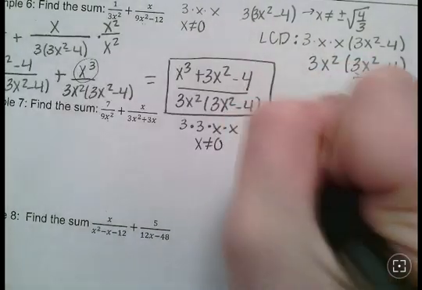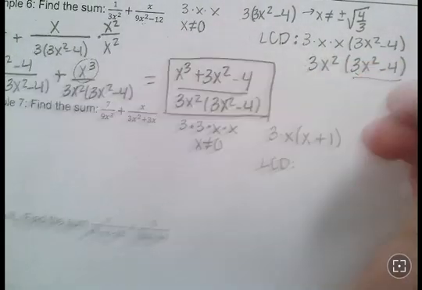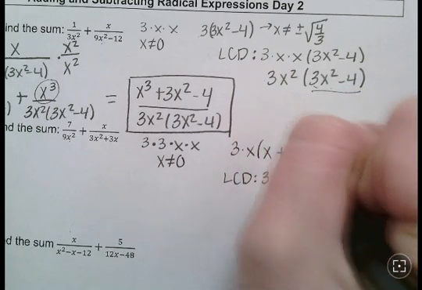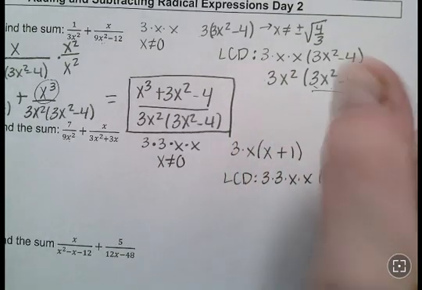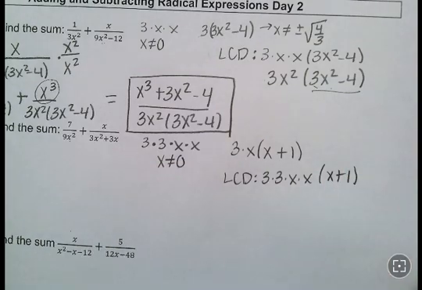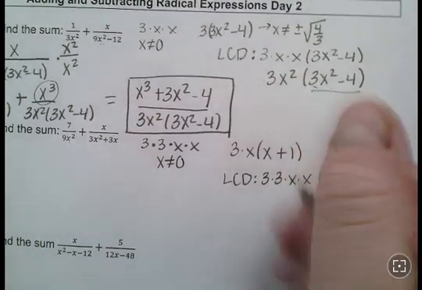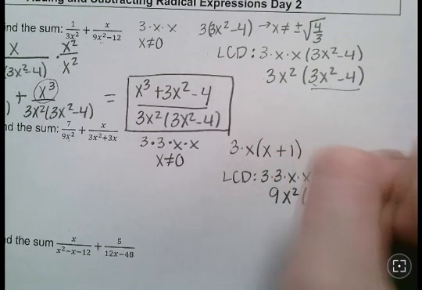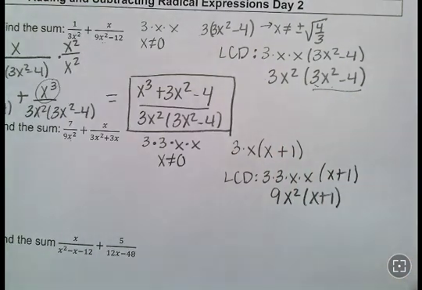So our LCD is everything from the first, and then whatever's missing from the second. So your LCD here would be 9x squared times x plus 1.